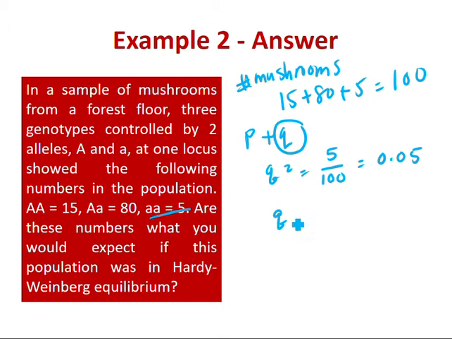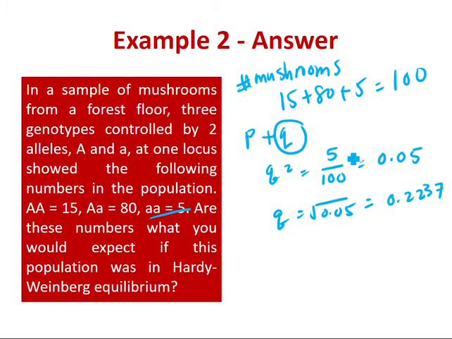So Q is the square root of 0.05, which is 0.2237. Please don't be afraid when you get this kind of number. Just be confident. The important thing is you start with Q.